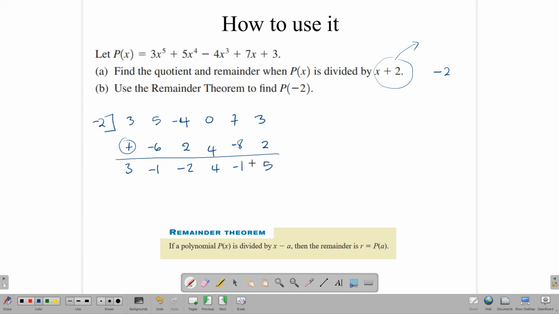And what it's telling us is that the quotient will have these coefficients, and this 5 here is our remainder.